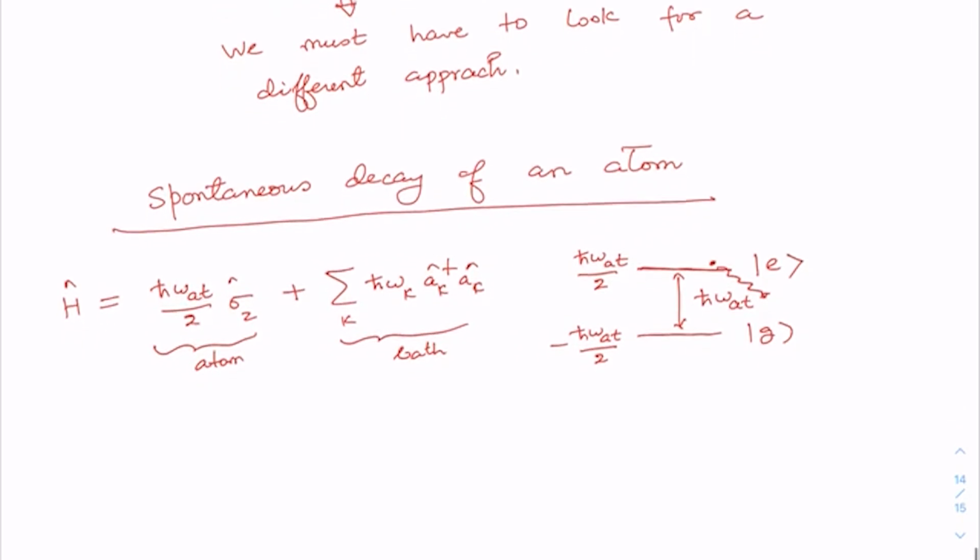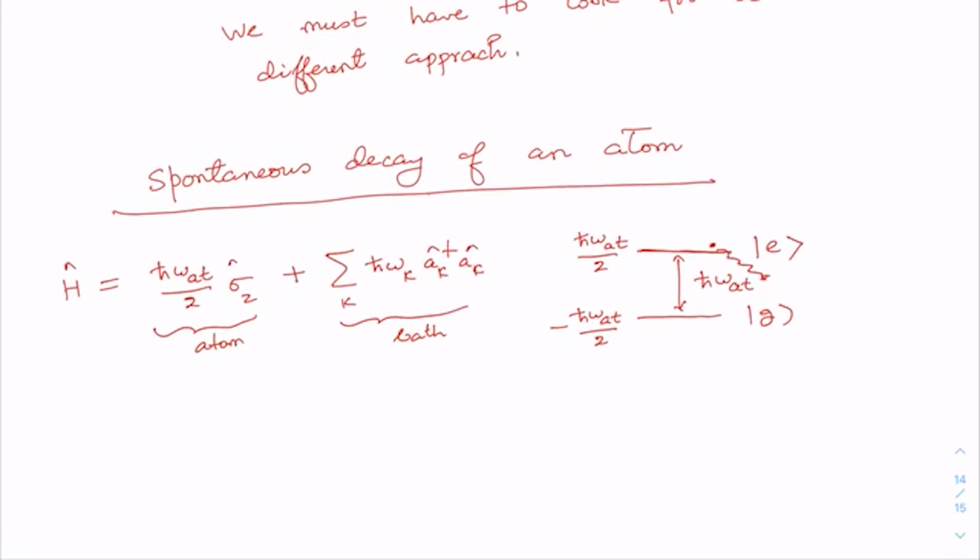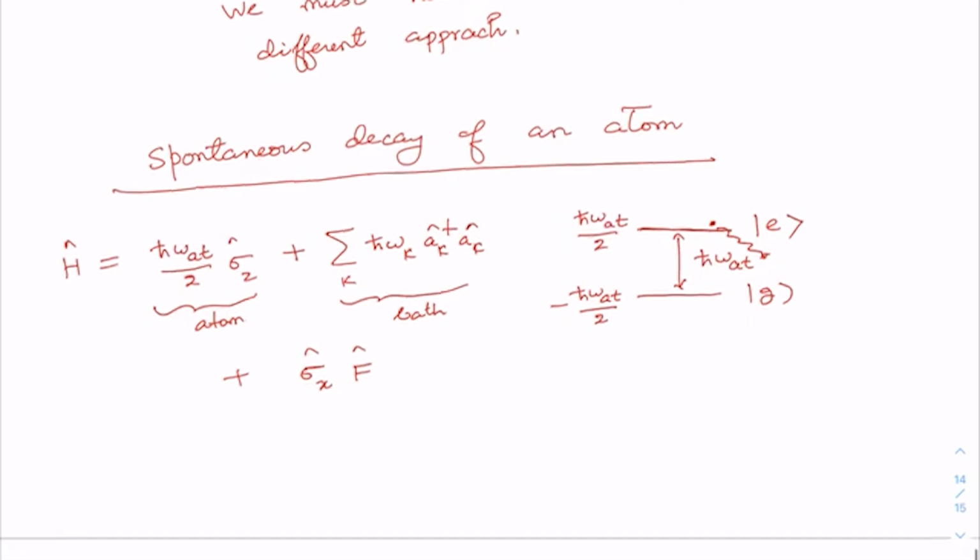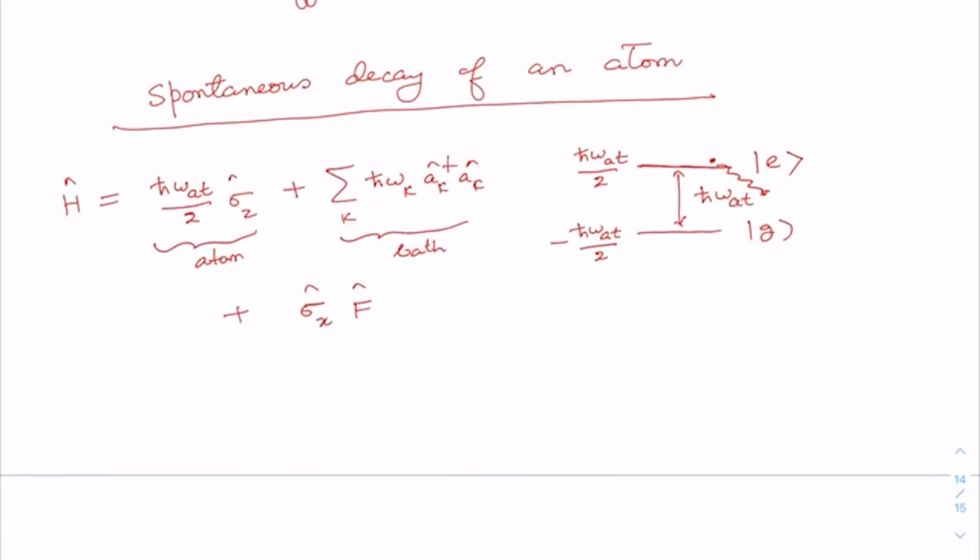Then there is an interaction between the atom and the bath, which can be written as σ_x times an operator F, because we know σ_x is responsible for transitions between the excited state and the ground state, or the ground state and the excited state.